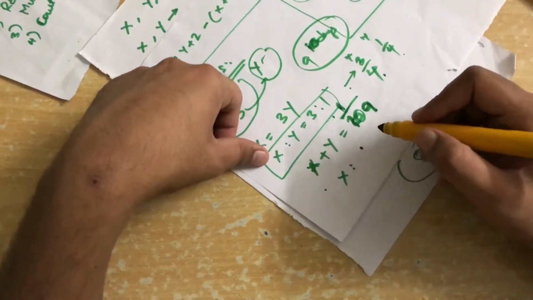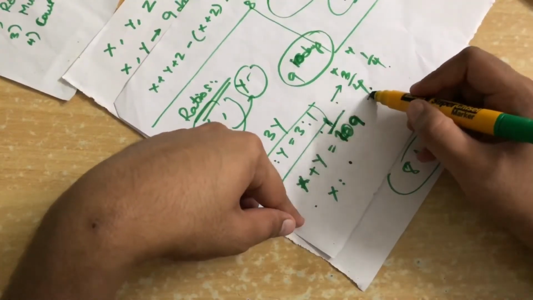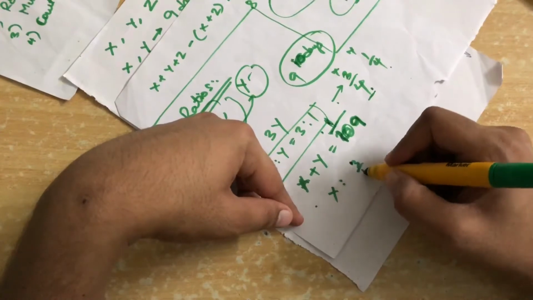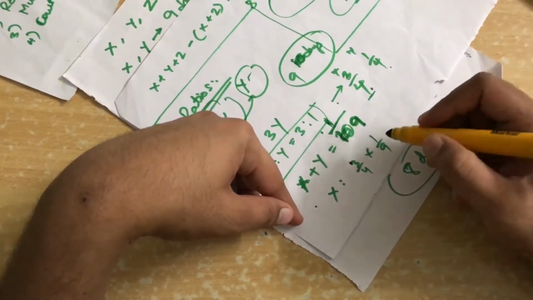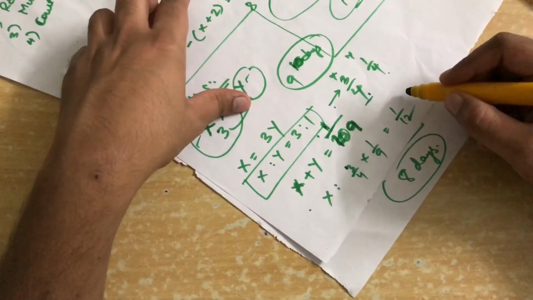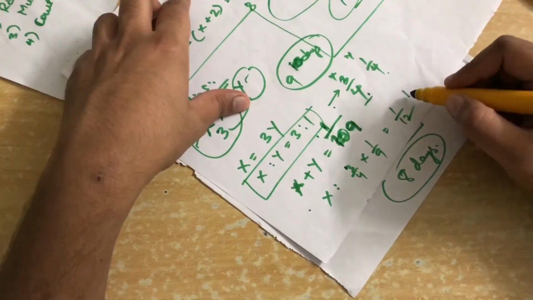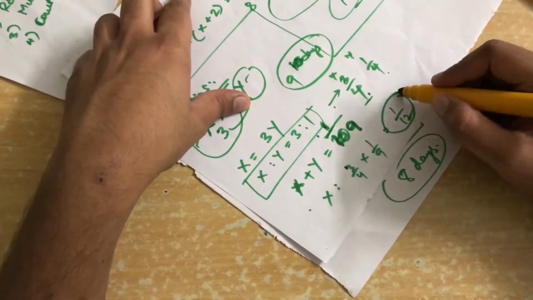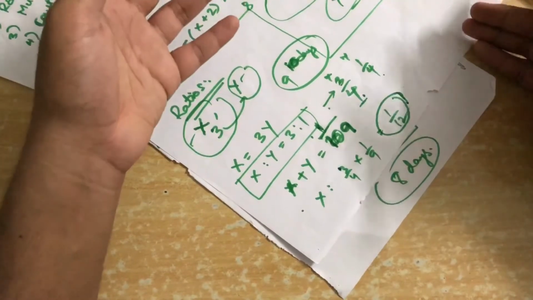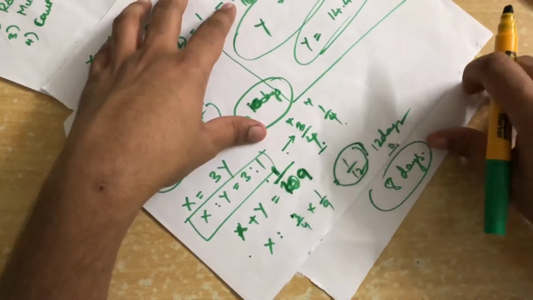Now when I want to find out how much X is doing, X is 3/4 into 1/9. That is 1/12. So X alone will complete 1/12 of the work each single day. So X would take 12 days.